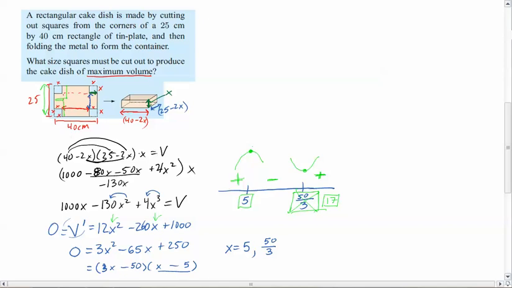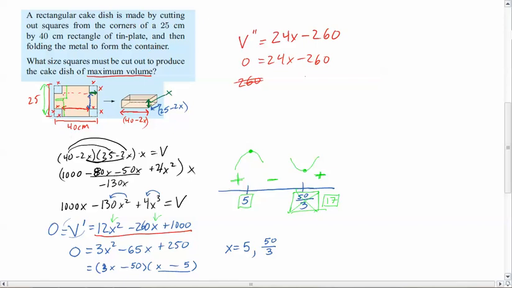Now, if we wanted to check that that's a maximum, we could do the second derivative. So I'm going to go ahead and do that. The second derivative is going to be 24x minus 260. Then if I find my critical point where I get the inflection point, I'm going to make this 0. I'm going to add 260.